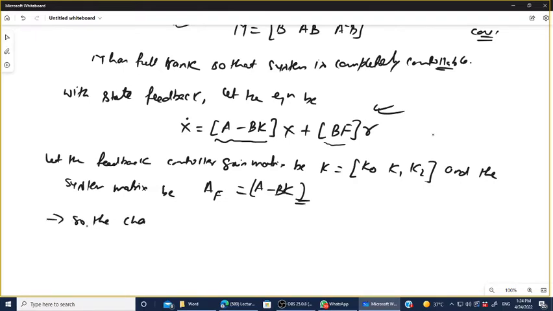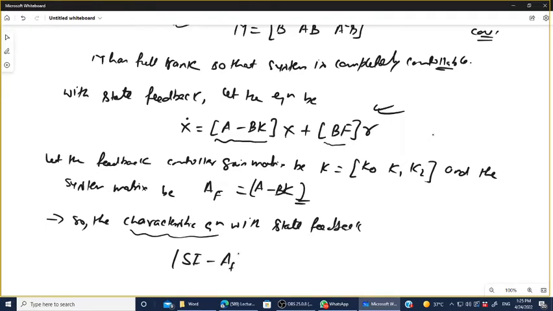The characteristic equation with state feedback also changes. It is no longer sI minus A; now it is sI minus AF, because the system matrix has changed. Therefore, sI minus AF is the characteristic equation.